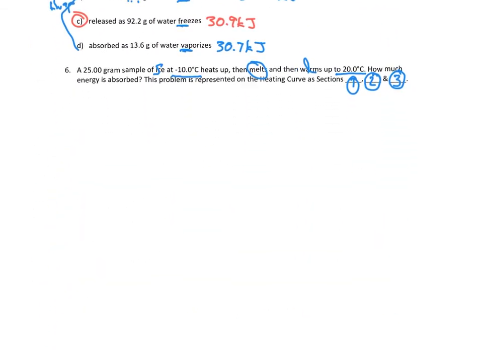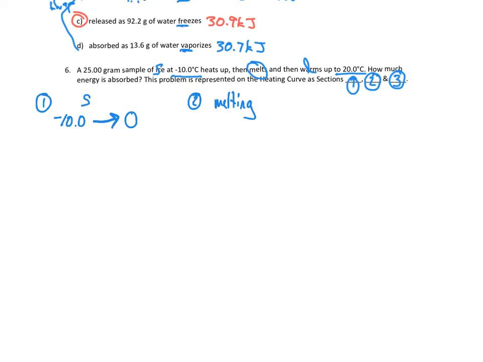So first off, it's helpful to just write it all out. In section 1, I am taking a solid from negative 10.0 to what temperature? 0, because that's when melting occurs. And then in step 2, I am just melting.